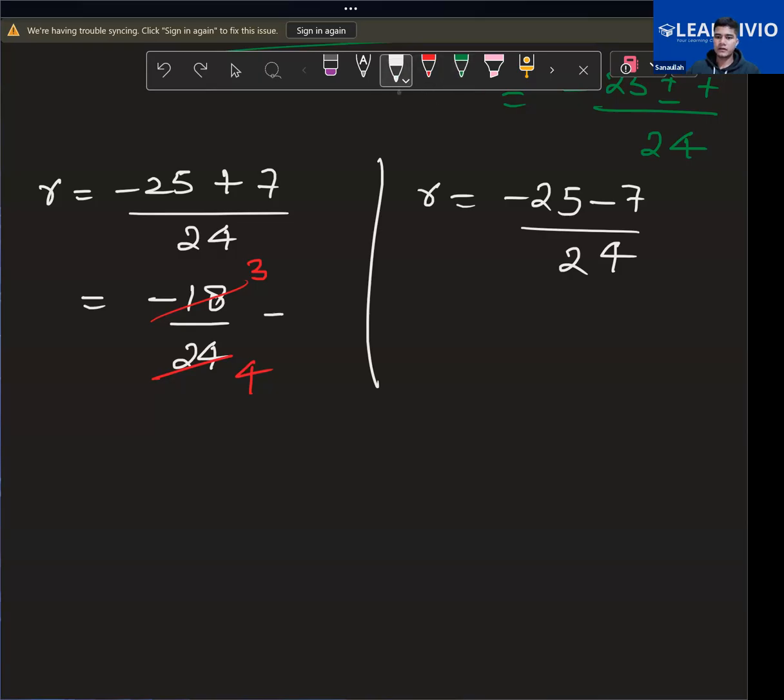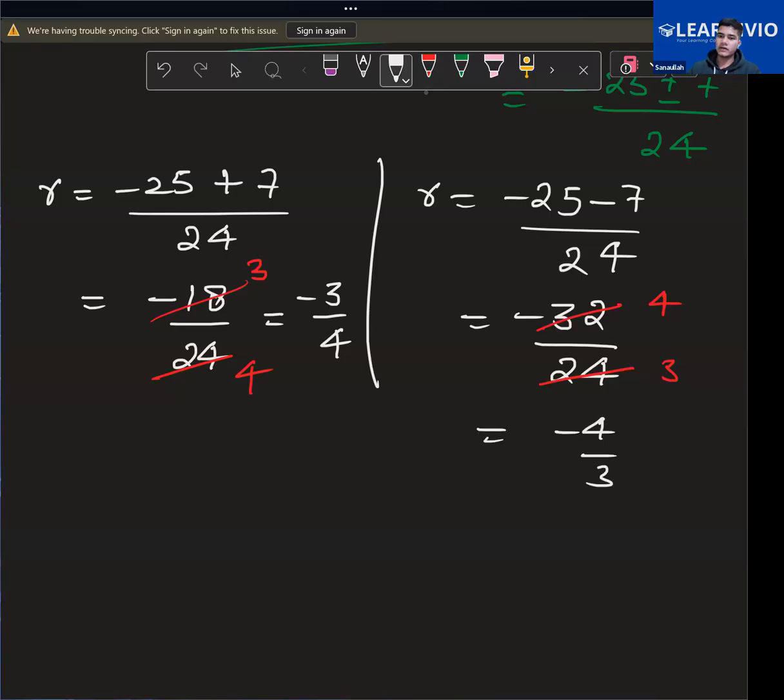So this is minus 3 by 4. And this is minus 25 minus 7. It will be 32 by 24, 32 but with a negative sign. So it will be 8 times 4 is 32, 8 times 3 is 24. So this is minus 4 over 3.